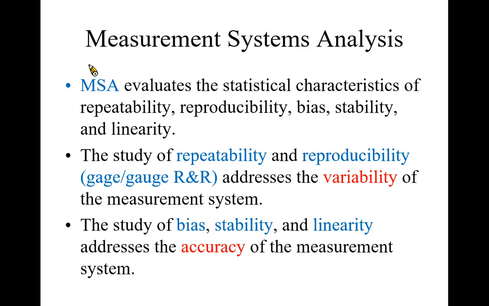The study of repeatability and reproducibility, aka gauge R&R study, addresses the variability of the whole measurement system, and the study of bias, stability, and linearity addresses the accuracy of the measurement system.